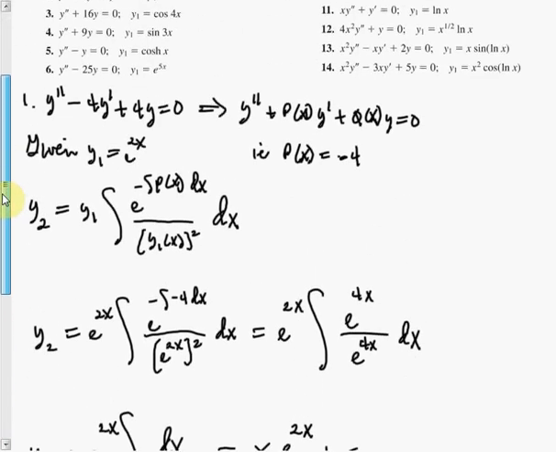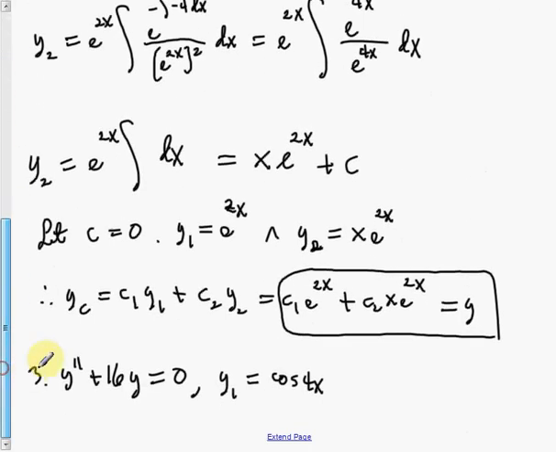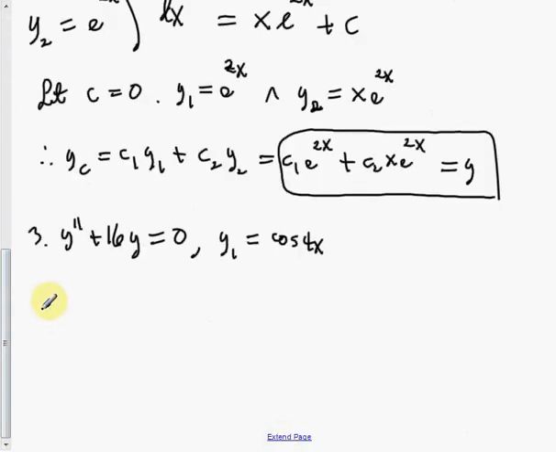I think I wrote that down correctly. So we say that y sub 2, the second solution, is the first solution, cosine 4x, times the integral of e to the negative integral of p of x.